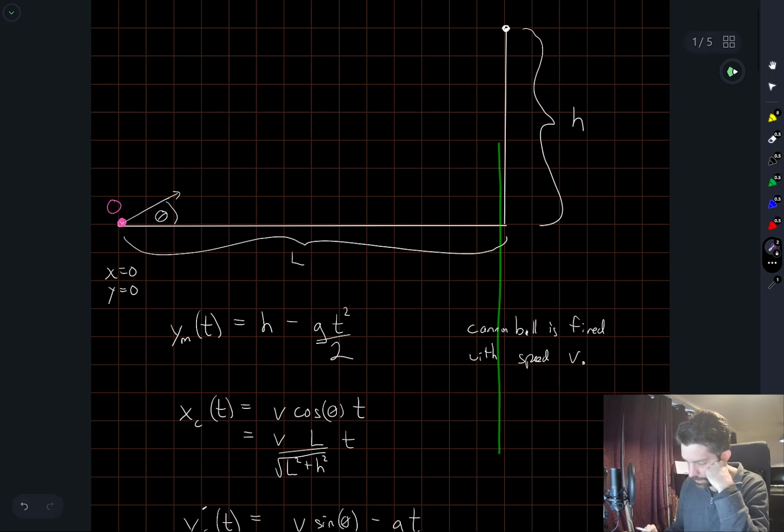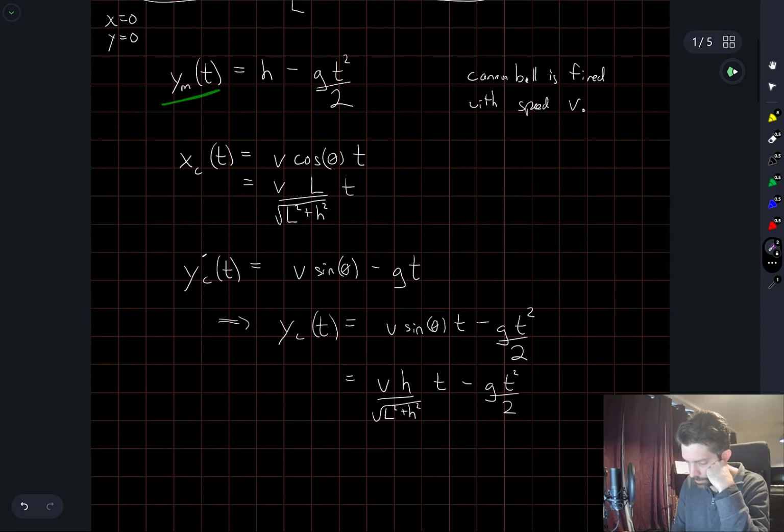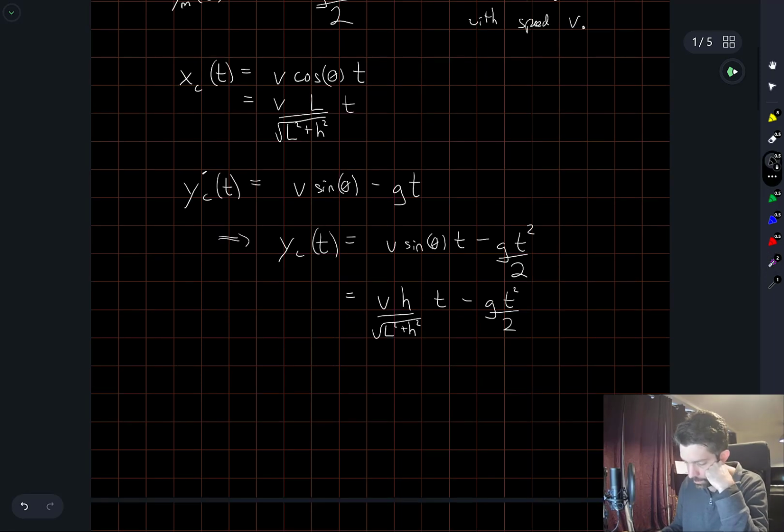Once I have that value of t, let's call that capital T, I want to substitute that into the vertical position of the monkey and the cannonball and see if those two things are equal.